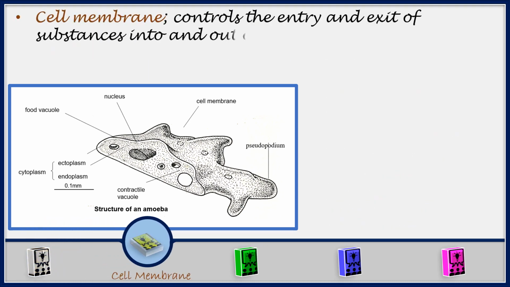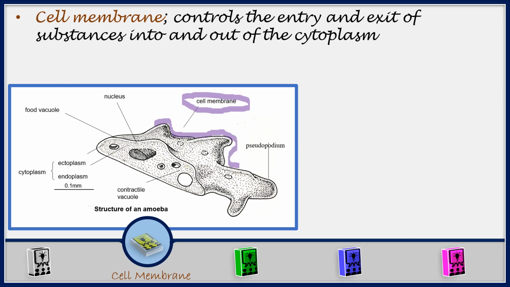Now, when we look at the different structures or components of the amoeba, one of them is the cell membrane. This is the structure which is surrounding the cell. That outer layer is the cell membrane that surrounds all around the amoeba.